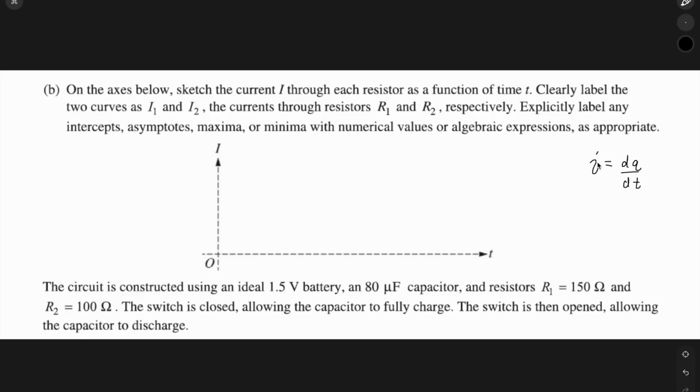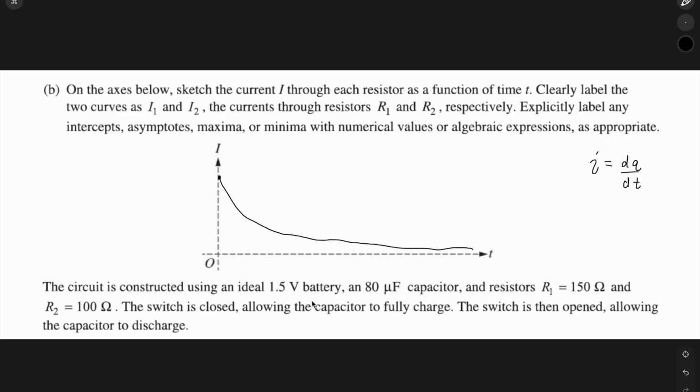So our graph of I, at least for resistor 1, which is the one directly connected to the capacitor branch, is going to be the derivative of the graph that we drew previously. That graph had an increasing slope at first and then started leveling off, so the current is going to look something like this, but less shaky and more accurate.